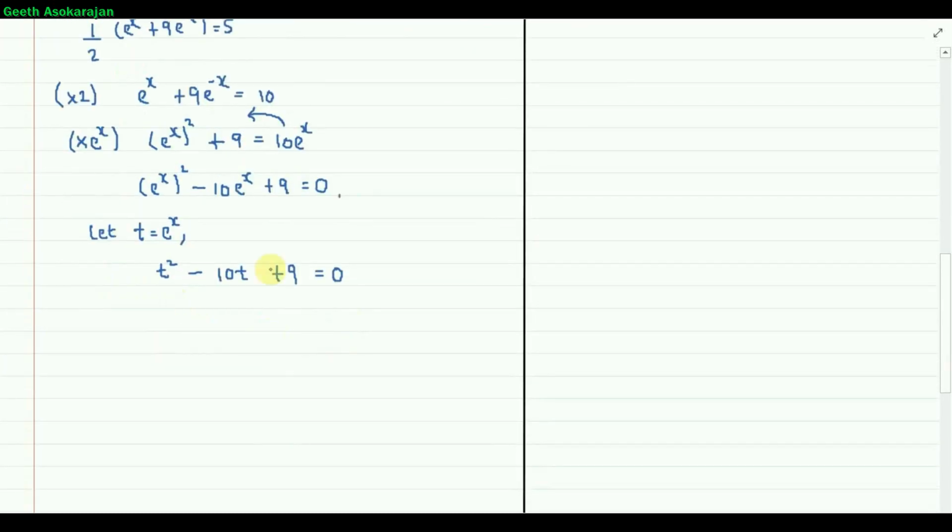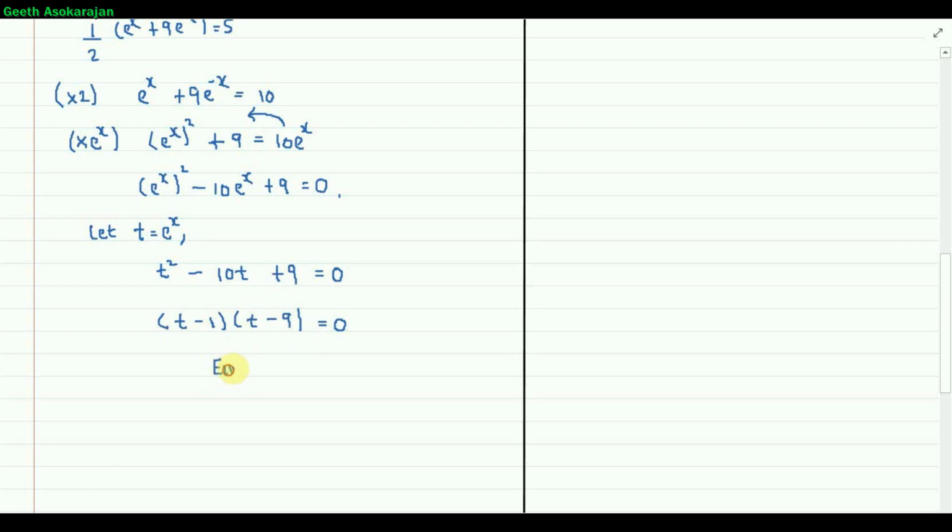And further to that, it's possible to factorize this quadratic. So if I were to factorize, the factors would be t minus 1 and t minus 9. And using this factorized expression, let's find the t values.